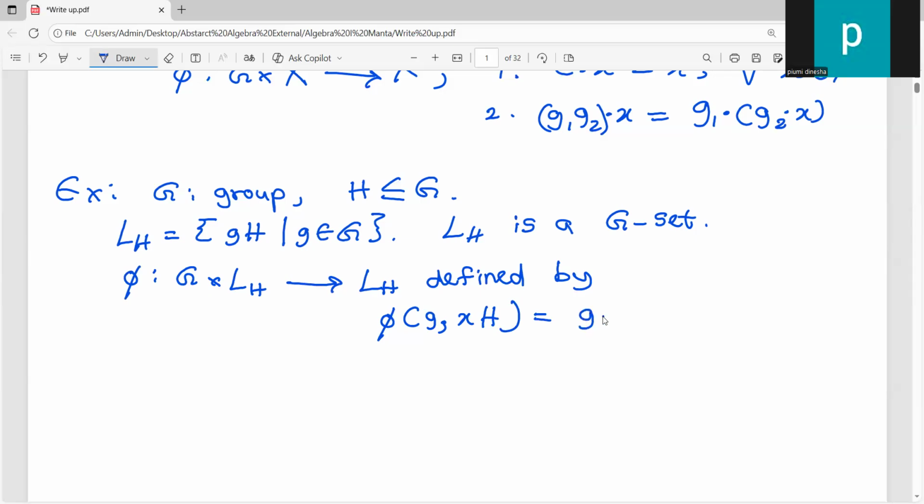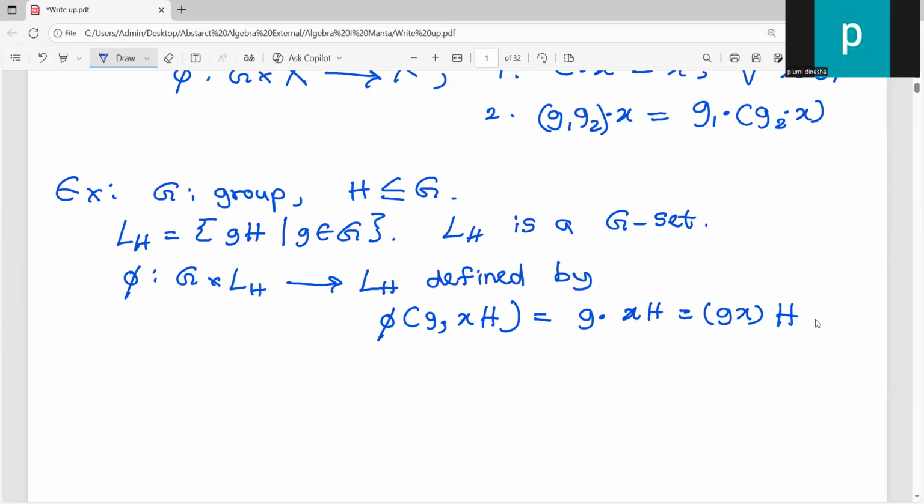This to be simply defined by the notation that we agreed to, G dot xH, to simply be gxH.